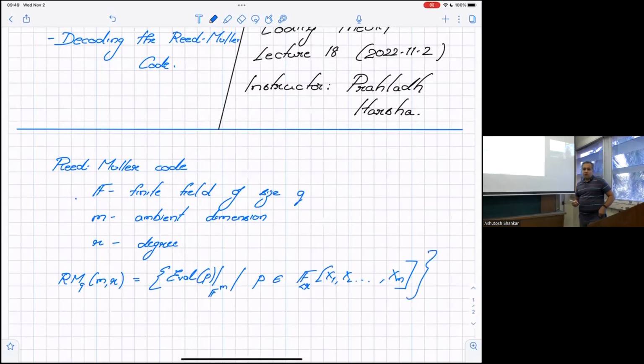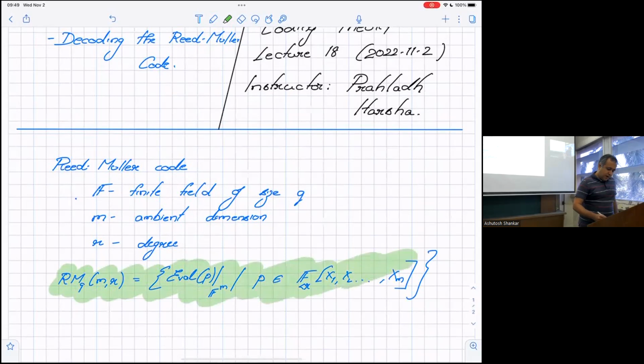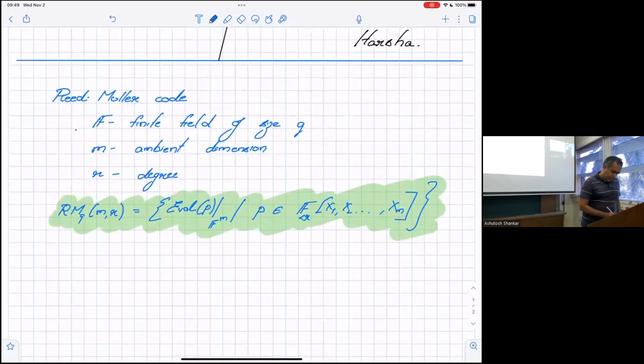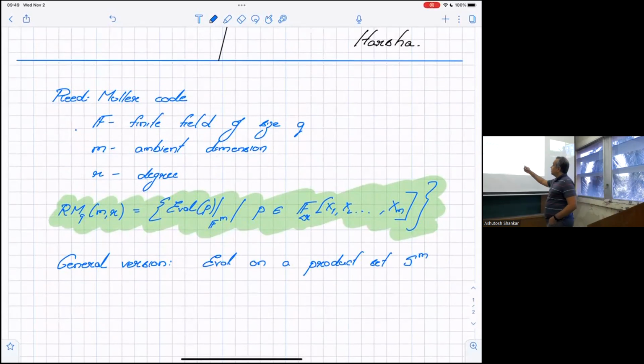There's a slightly more general version of Reed-Muller, where the evaluation is on a product set, a set of the form S to the power m, not the entire field.